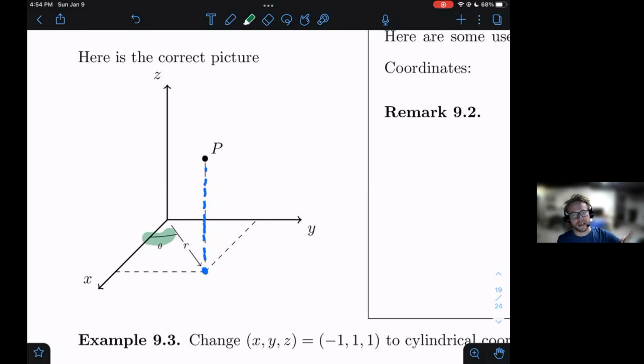Theta is in this counterclockwise direction away from the positive x-axis, and r is this distance that we're going away from the origin in the XY plane. And then this z coordinate is the same z coordinate from a rectangular coordinate system. So it's that height. How much do you go away from the XY plane?